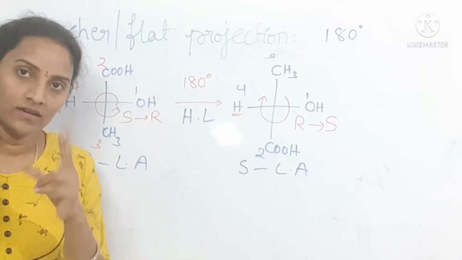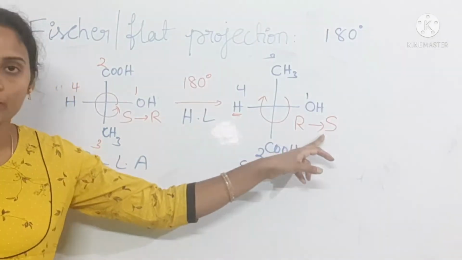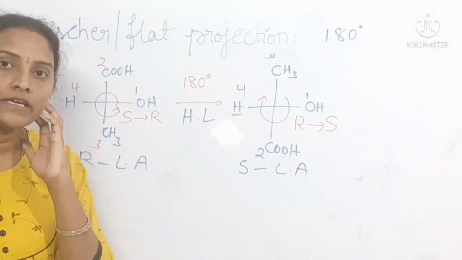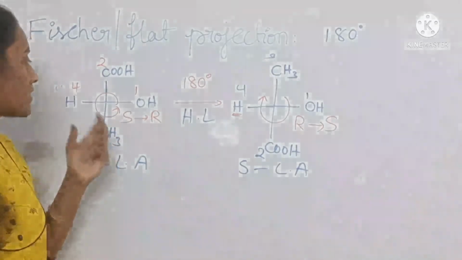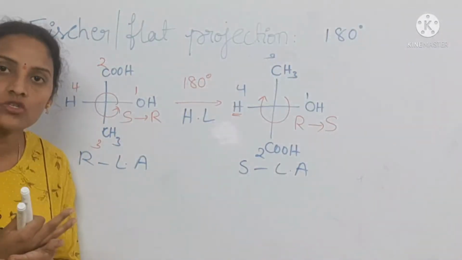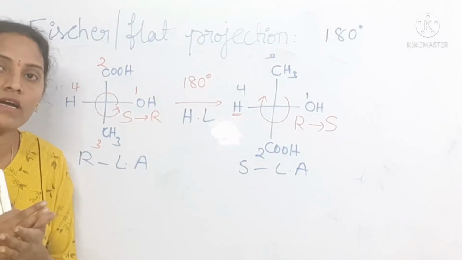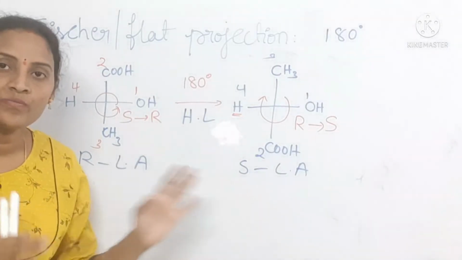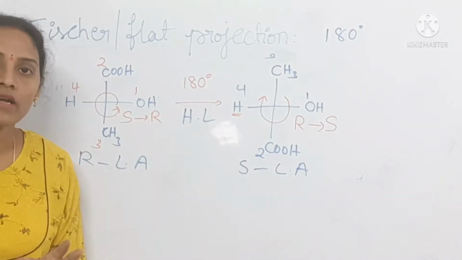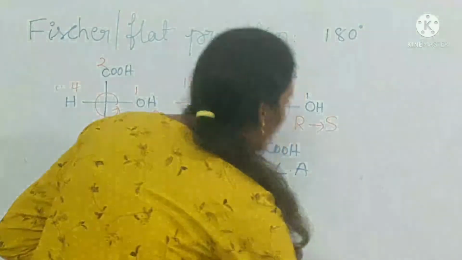By observing these two rotations, first we took rotation of groups present on the horizontal line, then you will get the same configuration, S configuration. In the same way, if you rotate or exchange the groups present on the vertical line, then also you will get the same enantiomers. Okay, that means by observing this, what can you say?